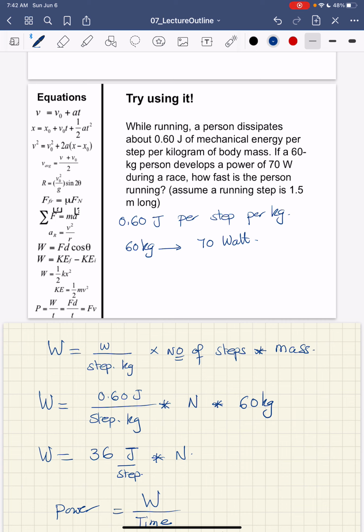Now, I want you to organize your work. When I say 0.6 joules per step per kilogram, I can write it like this. The total work is going to be that rate of work multiplied by the number of steps, which I will call n, and the mass.